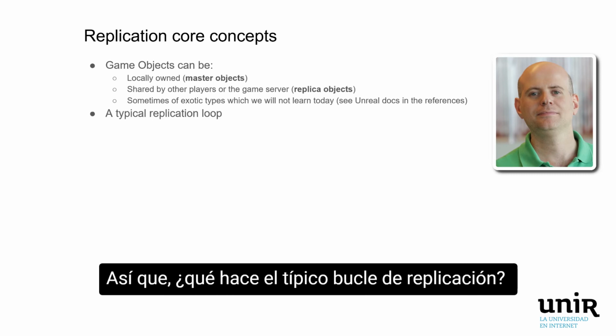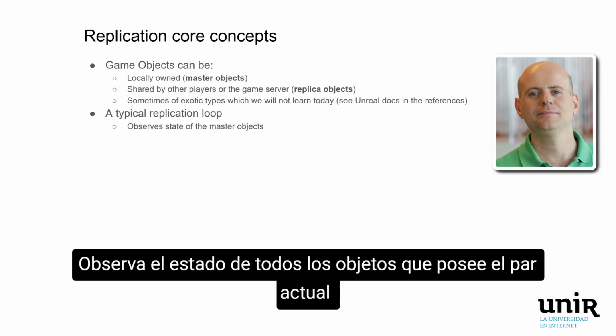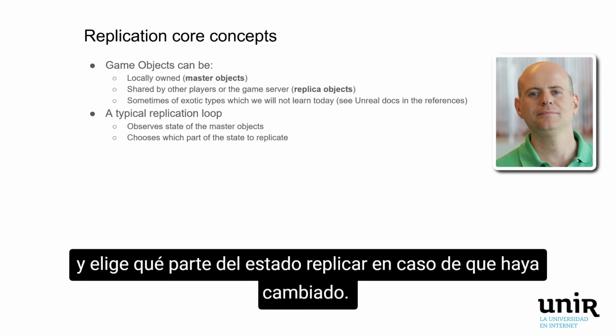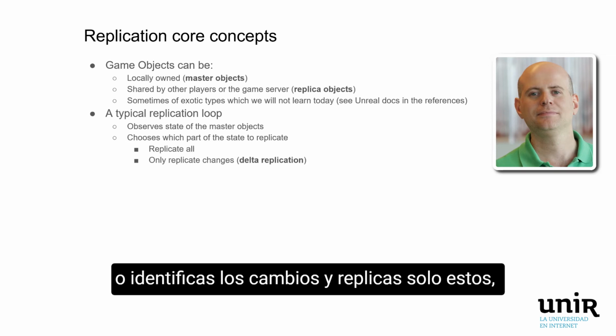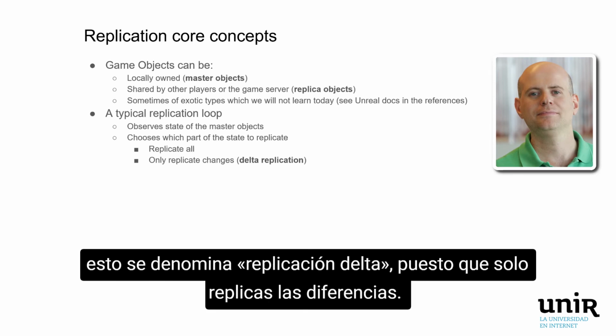So, typical replication loop, what does it do? It observes the state of all the objects that the current peer owns, and chooses which part of the state to replicate in case it has changed. So it has two choices. Either you replicate the entire object, or you identify the changes and you replicate only those. That's called delta replication, because you only replicate the differences.